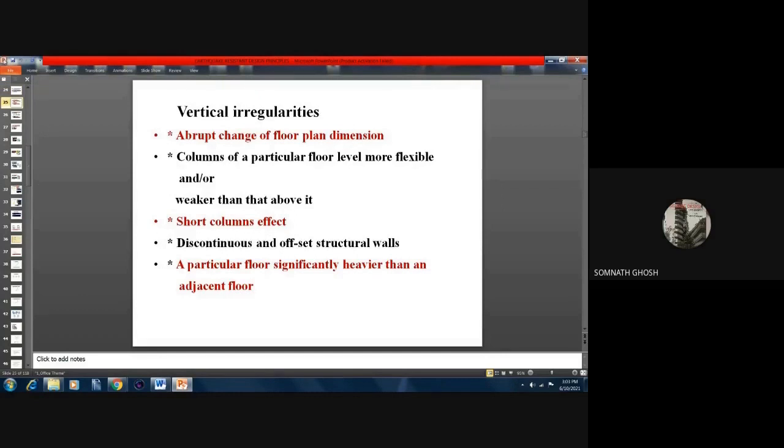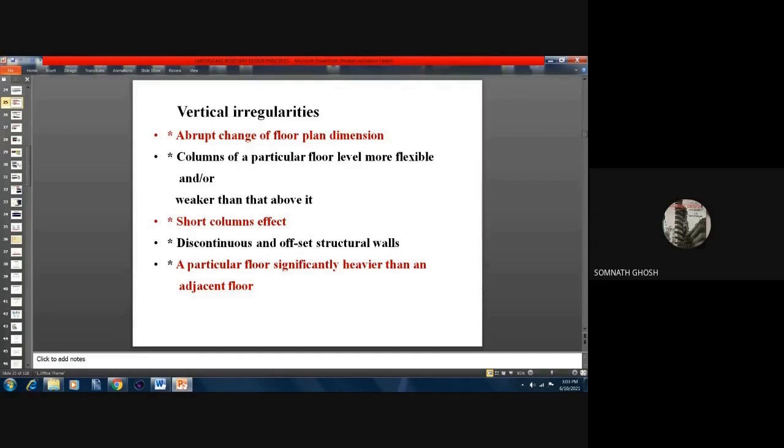Now you think about the vertical irregularity. A building is uniform? No, it is not like that. At least last day I showed you several buildings which are not vertically regular. Abrupt change in floor plan. Column of a particular floor level more flexible.